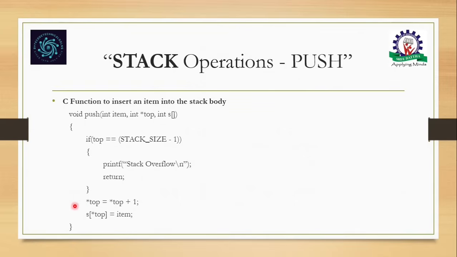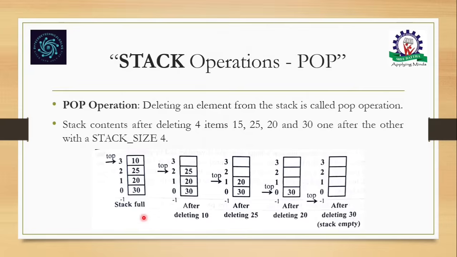So to point at the empty location, as we understood in the previous slide, first I will increment the top by 1 using the statement top is equal to top plus 1. Once the top is marking at the empty location, I am going to insert the item at that place. Wherever the top is marking in the array S, at that location I am going to insert the item. So in this way we are going to write this function.